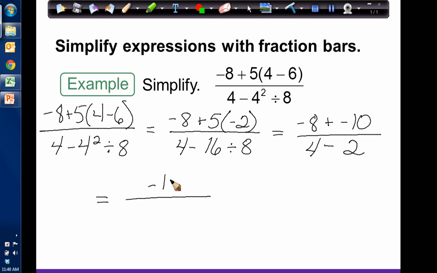Negative 18. And what is 4 minus 2? 2. And then now we have a simplified numerator and a simplified denominator. We want to simplify the fraction as a whole. So can we reduce this? Negative 18 divided by 2 is negative 9. All right, perfectly reduced answer. Great.